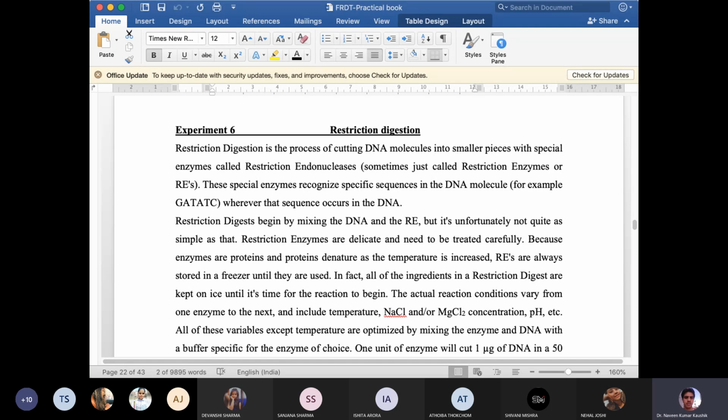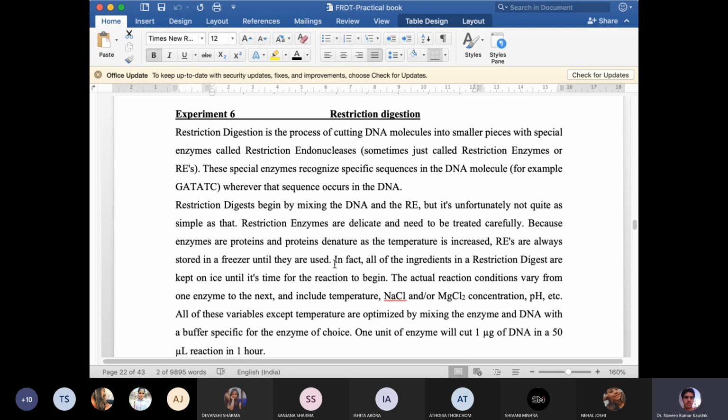About restriction enzymes, we have dedicated many of our theory classes: what restriction enzymes are, how they work, what their specificity is, what their different types are, what their requirements are, and also the property I mentioned, star activity, if you change the buffer condition or the pH.